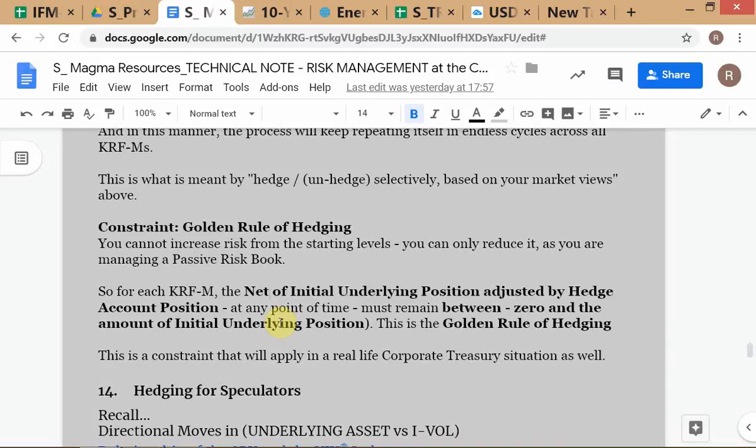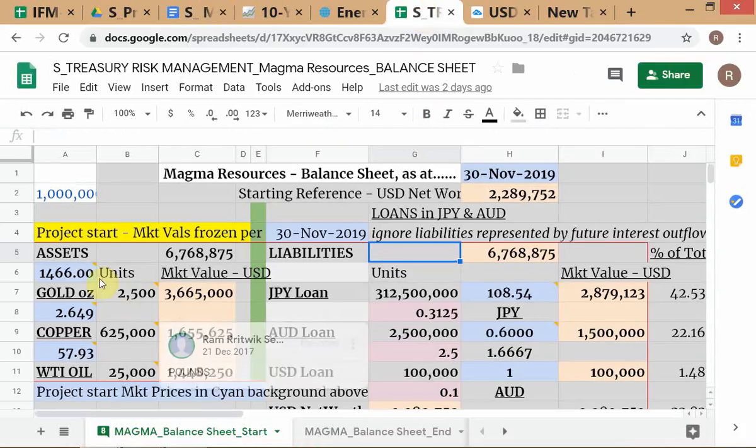And the initial underlying position has to be updated with any information which sheds fresh light on the total amount of the underlying position, like a sales team telling you that some amount has been sold. That means you need to update these figures on the unhedged inventory. Is this clear? Everyone is clear? Okay.